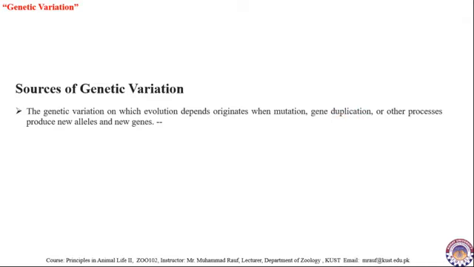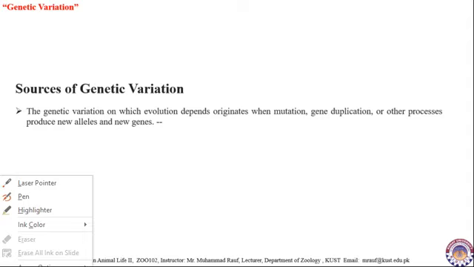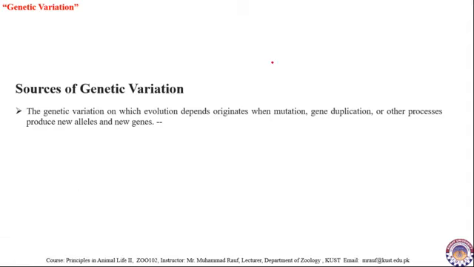How? Suppose this is a particular gene, and because of mutation this particular gene is duplicated, and this is the duplicated sequence.